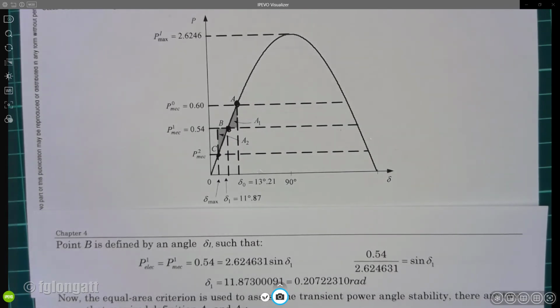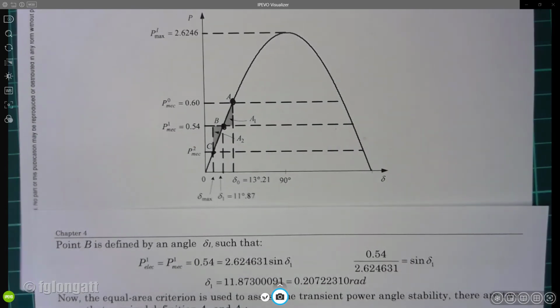You put in the numbers, and the angle delta 1 will be 11 degrees. That is all. That is very simple.